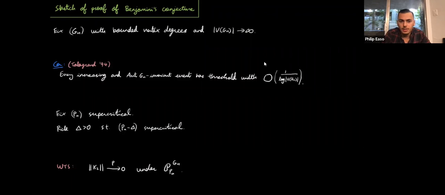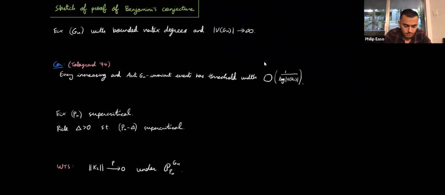And it's going to tell us that since our base graph is automorphism invariant, if you have an increasing event, so by increasing, I mean it's an event where if you add more edges, it still holds. Like if it held and then you add more edges, it still holds. So for example, the event that two particular vertices are connected, or the event that the largest cluster exceeds a certain size.